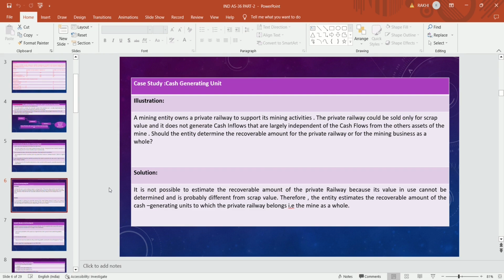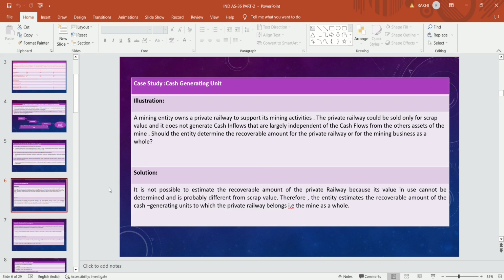There is no other use of that railway. So the private railway could be sold only for scrap value.